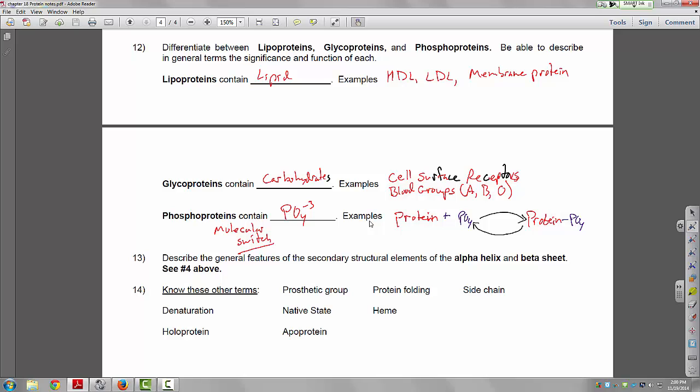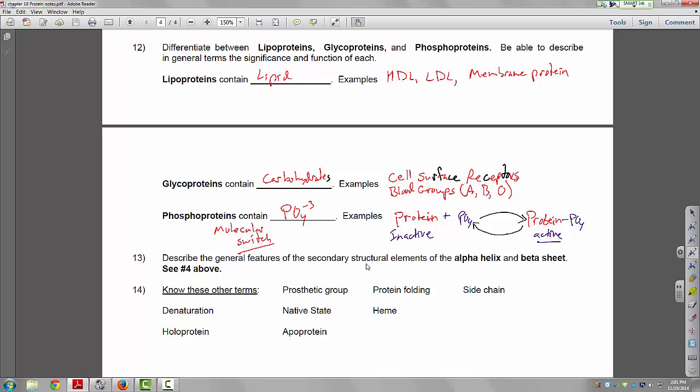And in many cases, when you phosphorylate the protein, it will turn the enzyme or the protein on. So here now it is active once it's phosphorylated. And if we need to deactivate that protein, we don't destroy the whole protein, just remove the phosphate, and now it is inactive. So phosphorylation like this acts as a molecular switch, turning the protein into the active form and the inactive form. Oncogenes, proteins that are involved in cancer, are especially noted for this type of thing.